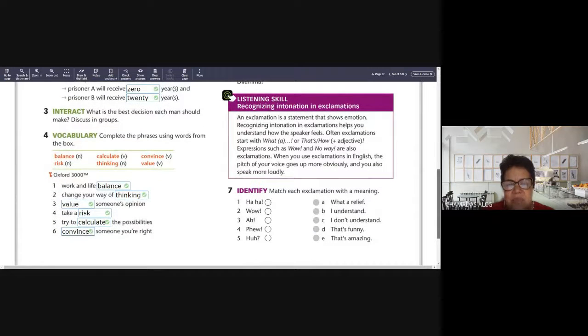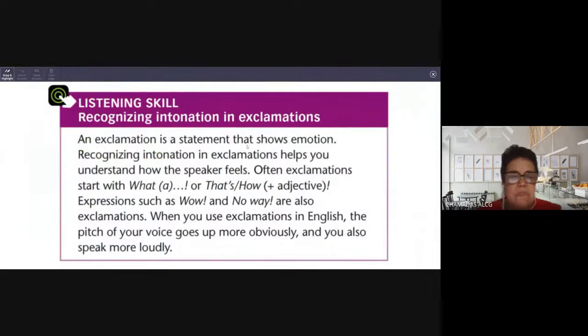So here, the final part is really interesting because we use these things a lot, but we never stop to think about it, right? We usually call them interjections. Here, they call them exclamations. So here, they want us to recognize intonation in exclamations. An exclamation, people, is a statement that shows emotion. Recognizing intonation in exclamations helps you understand how the speaker feels.